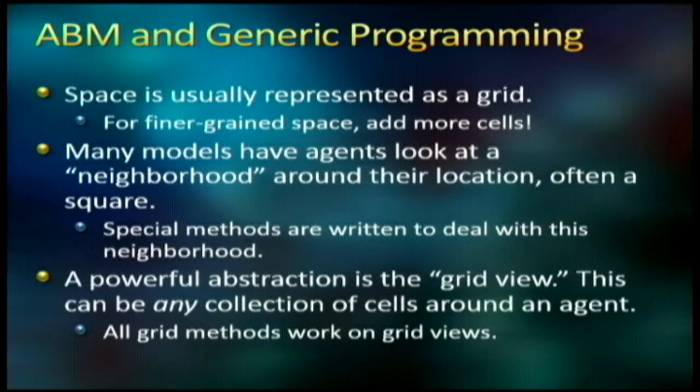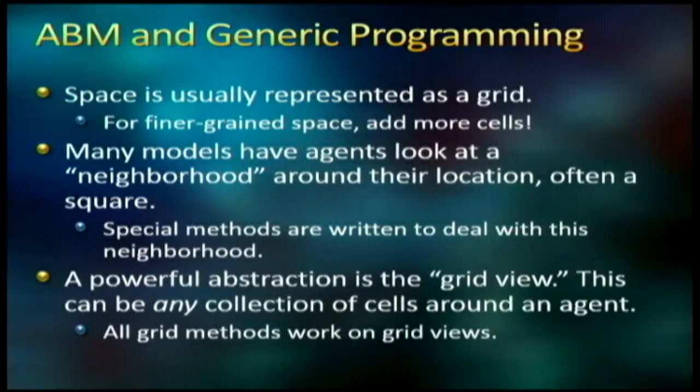One of the things that these models typically have, which both the ones I showed you have, is the concept of space. So the trees burn out according to what trees near them are on fire. The agents move or don't move based on looking at their neighborhood and seeing how small a minority they are in their neighborhood.